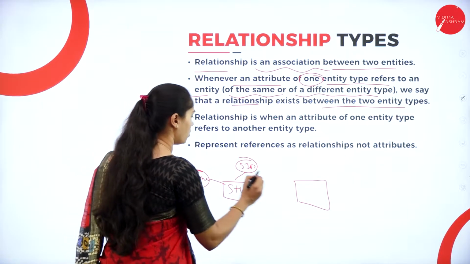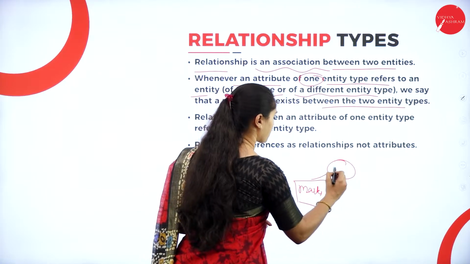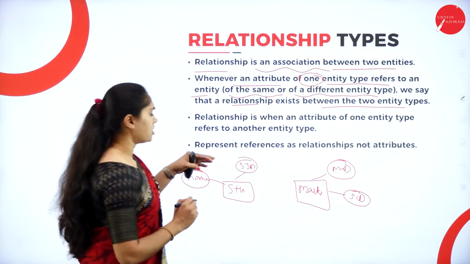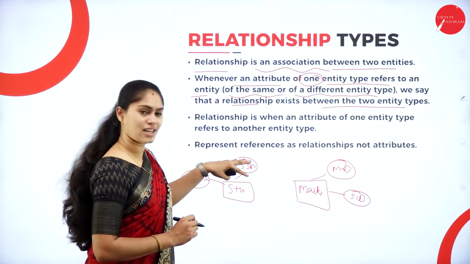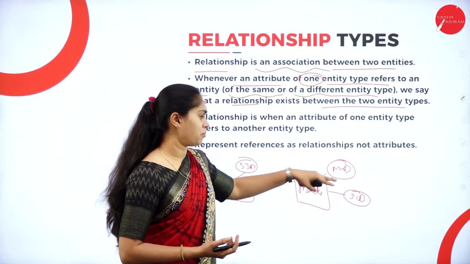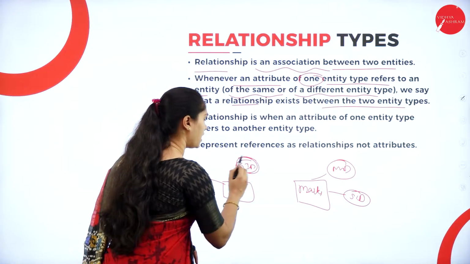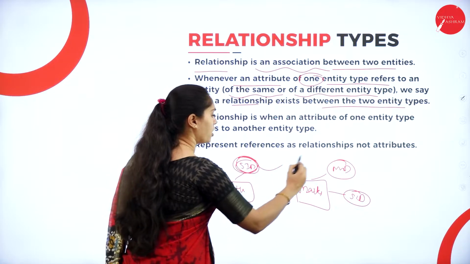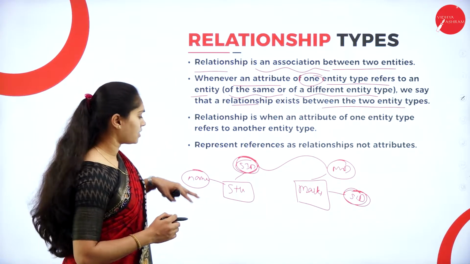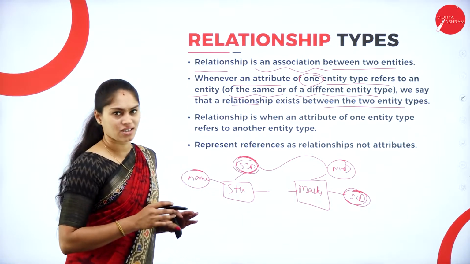The marks entity has a marks ID and also a student ID. The student ID is an attribute of the student entity, and the marks entity also has the attribute student ID. That means the student ID attribute of one entity refers to the attribute of another entity. Then we can say there is a relationship between the student and the marks entity.